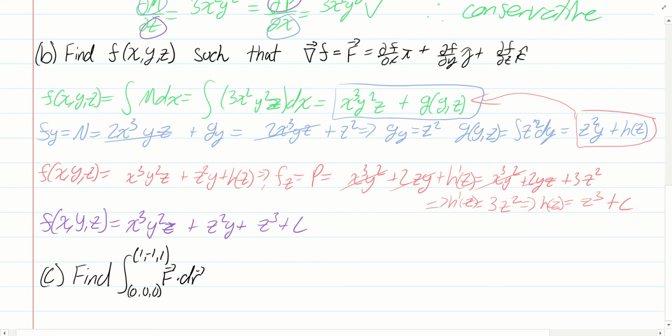And then you just plug in your values for the function, because the integral of F dot dr is this function here. So you just basically solve for this, from this point to this point, and I don't feel like doing that math.